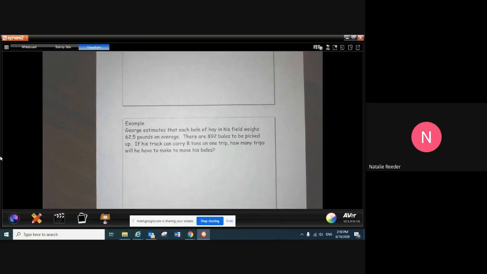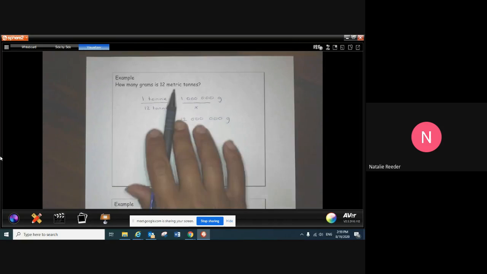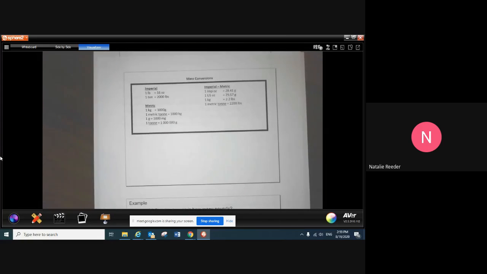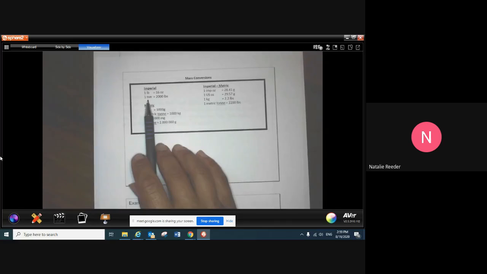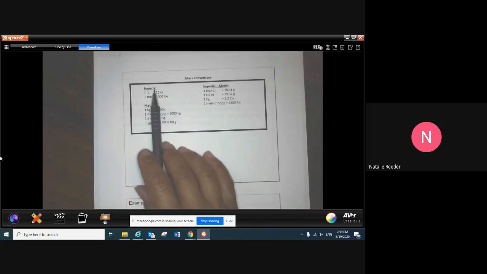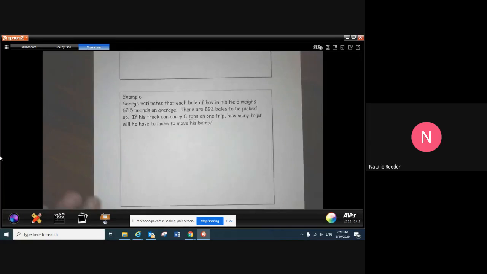Now, if you notice the difference in writing, the ton that we're talking about here is just TON, whereas this last one here was TONNE. It's basically just the difference in two different systems. In the imperial system, it's TON, but the metric is TONNE. So this is the one that we want to use here: 1 ton is equal to 2,000 pounds.